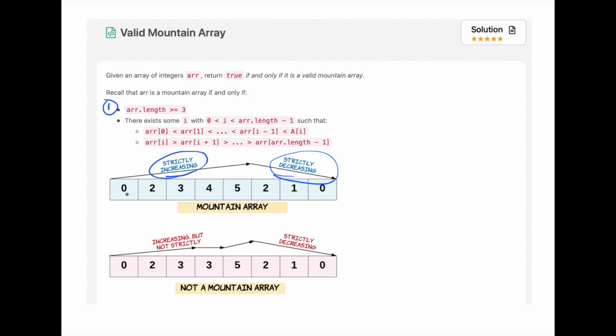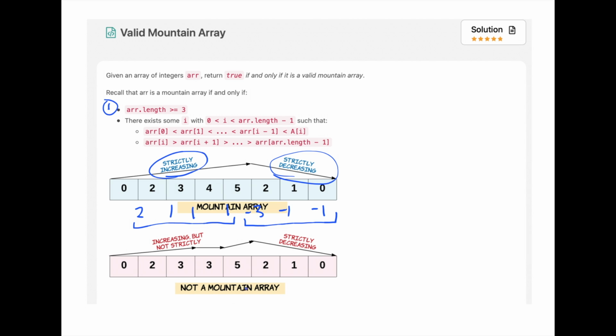So 0 to 2, 2, 1, 1, 1, and then we start the descent, -3, -1, -1. Any array that has a strictly increasing component immediately followed by a strictly decreasing component would be a valid array.